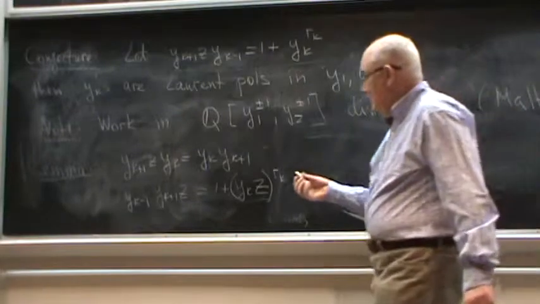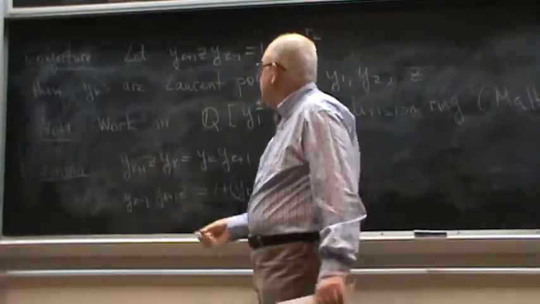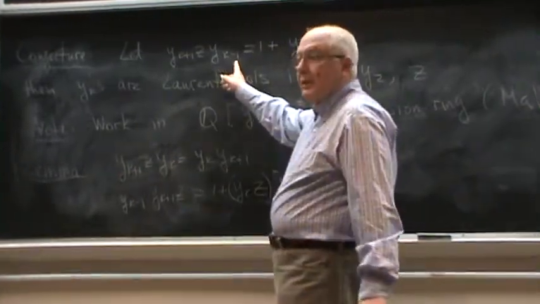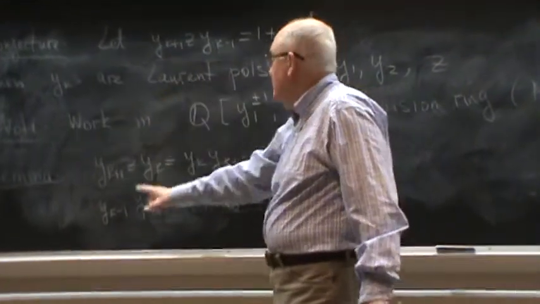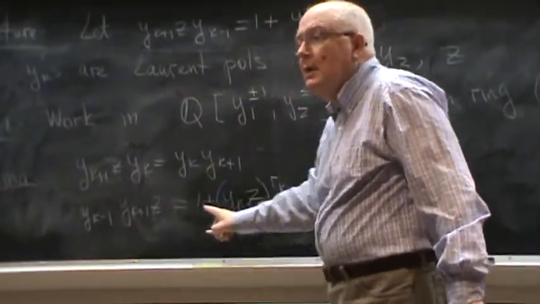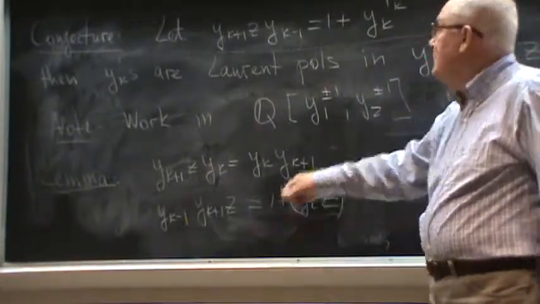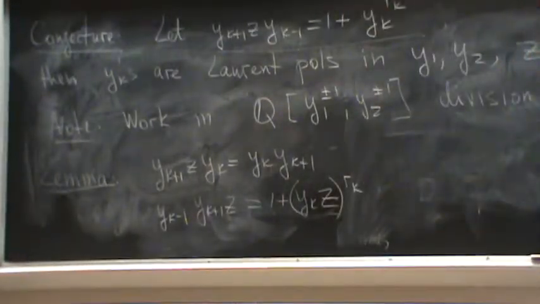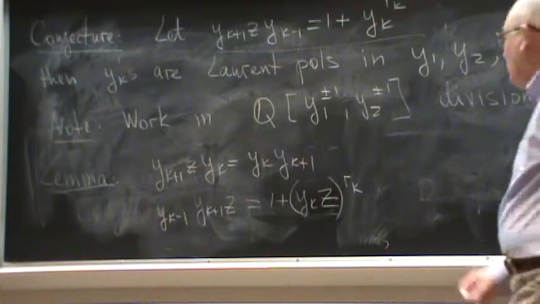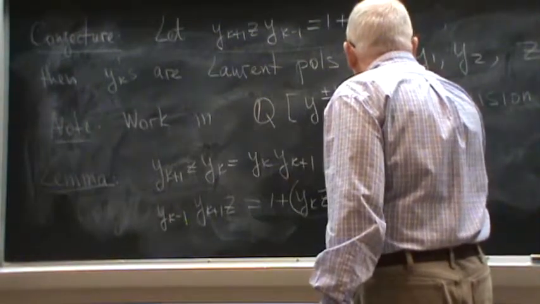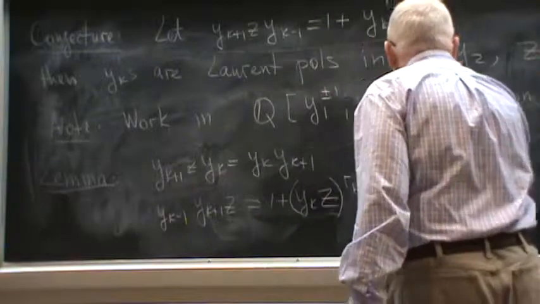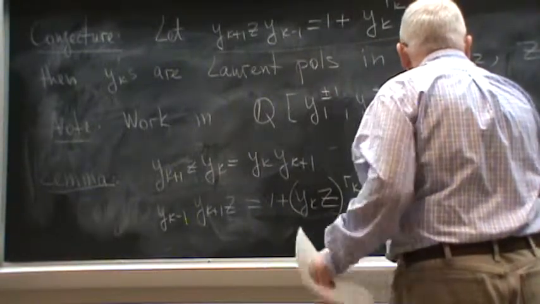And this is how I actually interchange yk minus 1, yk plus 1, but you have to be careful not to put z. Again, in the commutative case, when z equals 1, you have nothing. And in general, this can even be generalized.